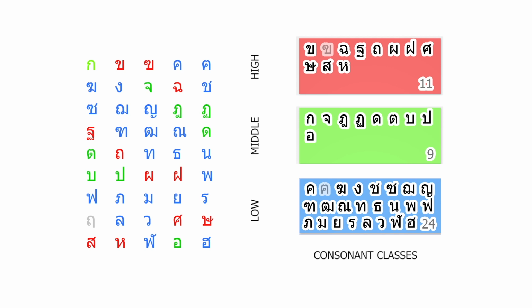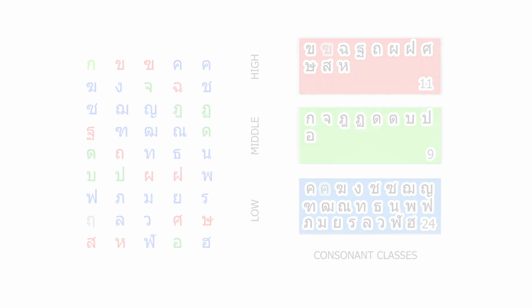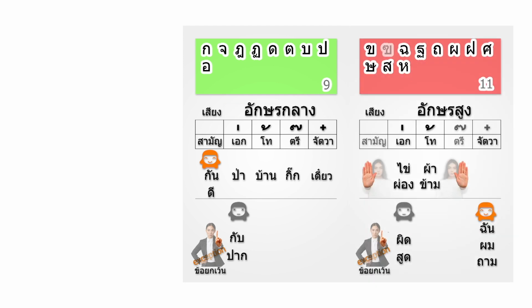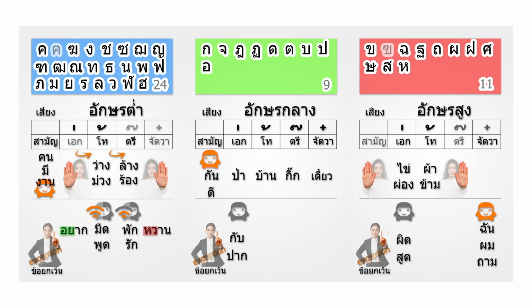Now we can determine most of the syllables in order to pick the right tone, and we enjoy that. We don't need to learn the tone of each syllable because we understand the rule behind it. The tone rules and the consonant classes are no longer a secret for us.